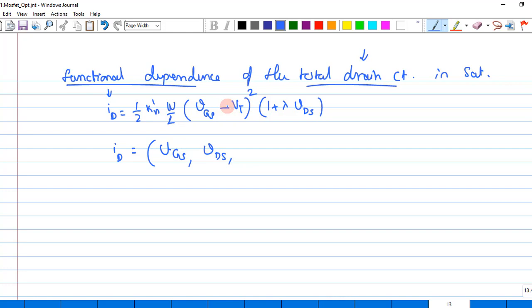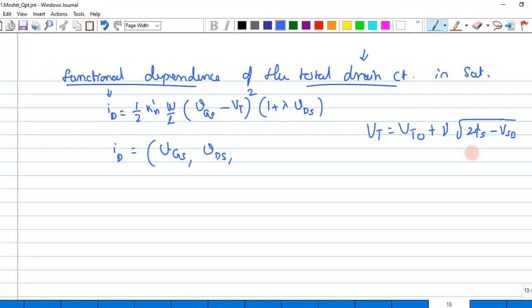Yes. Through what term? VT. Through the value of VT, if you can recollect, it depends on VT naught plus gamma times the square root of 2 phi f plus VSB.